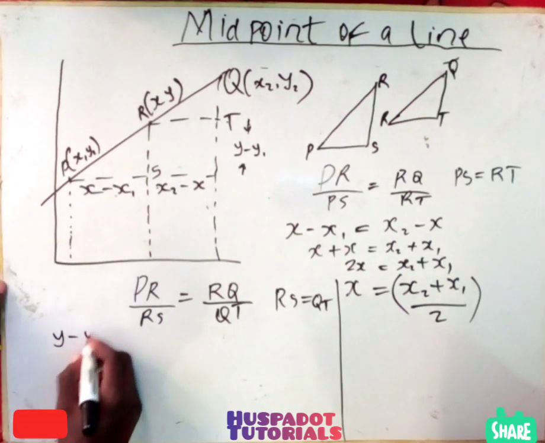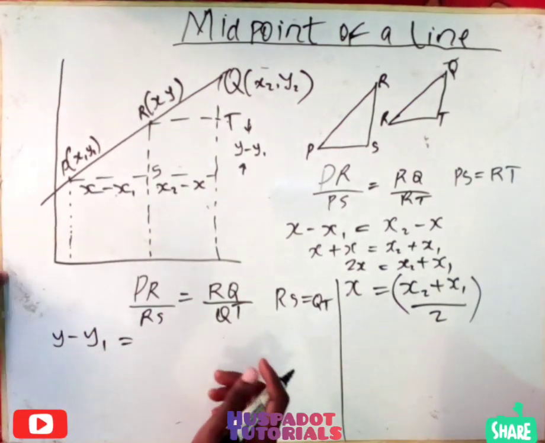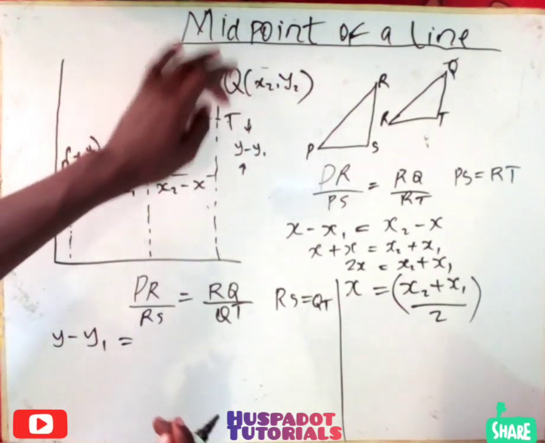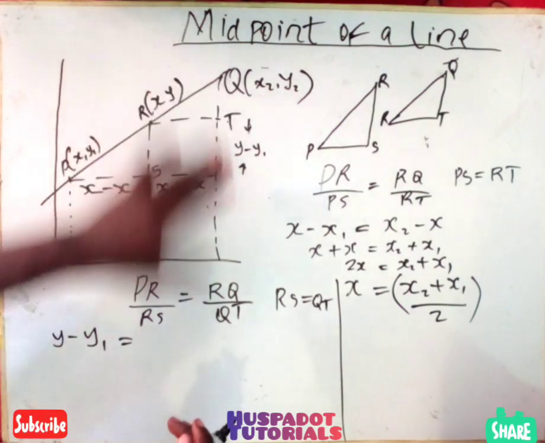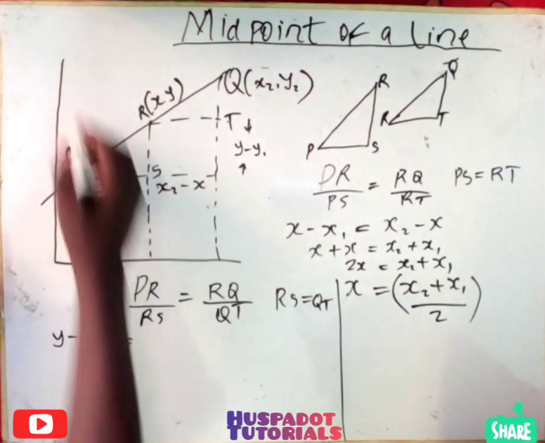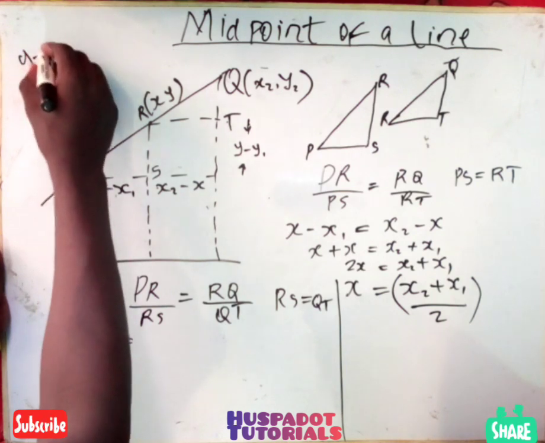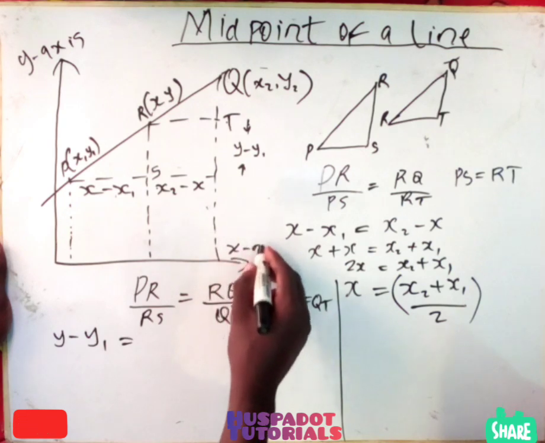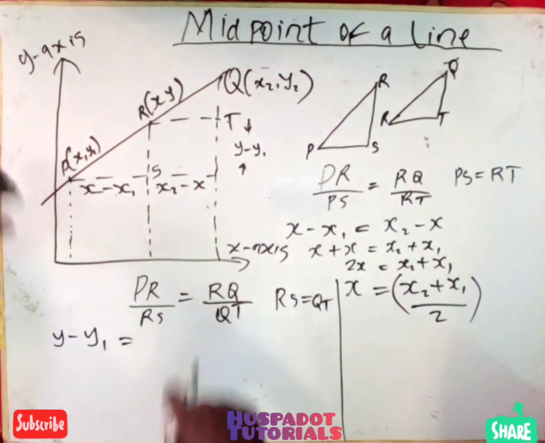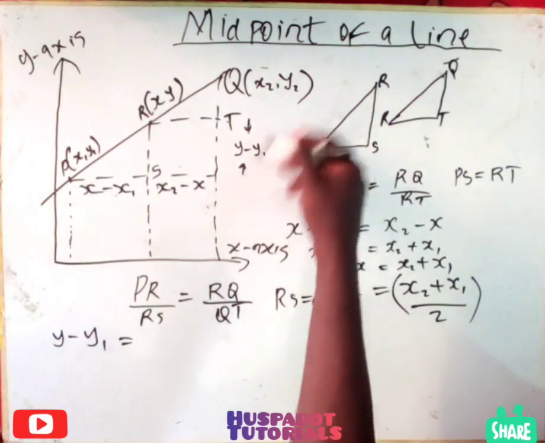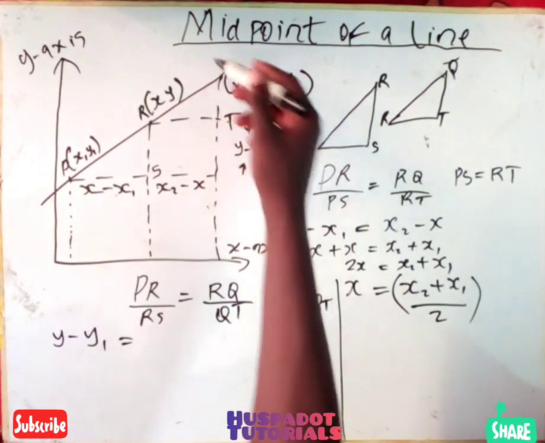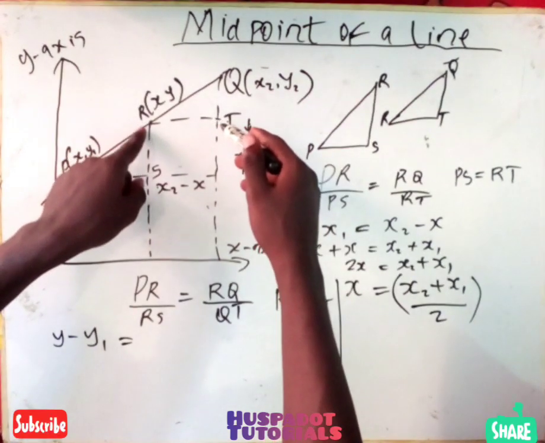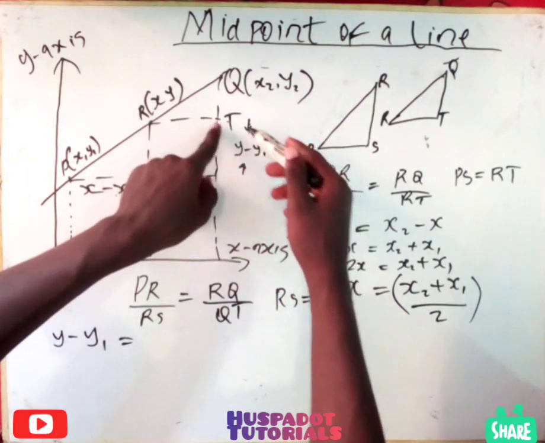Y minus y1 is equal to your QT. The coordinate for Q is x2, y2, so that's y2 as the distance on the y-axis, and this is your x-axis. So for point Q, the distance on the y-axis is y2. Then tracing out point R, this level is y.